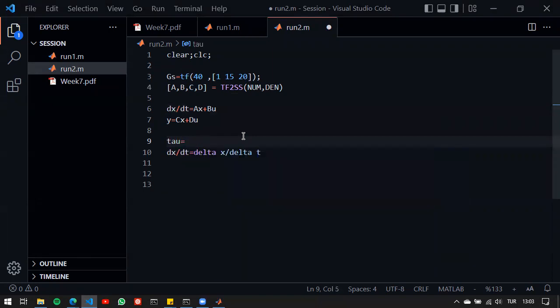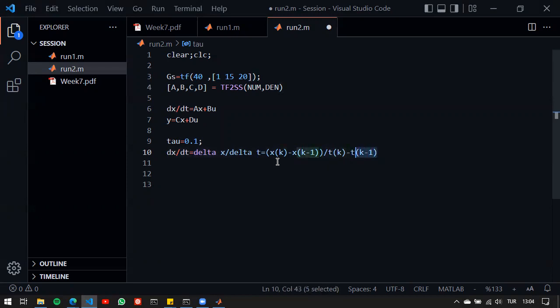Let's call it tau. We need a certain sampling time because we will use sampled data. So instead of delta x, we can use x k minus x k minus 1, because this is a difference here, divided by t k minus t k minus 1.